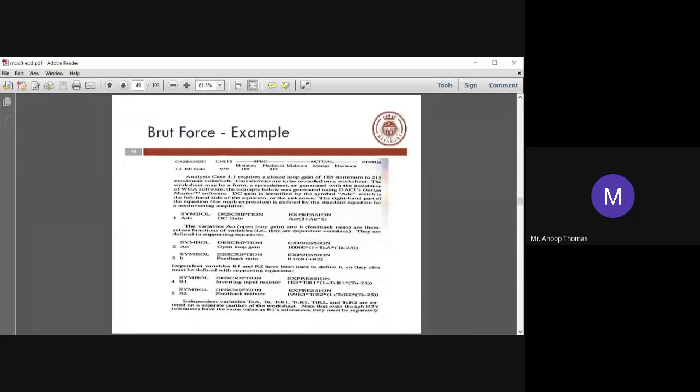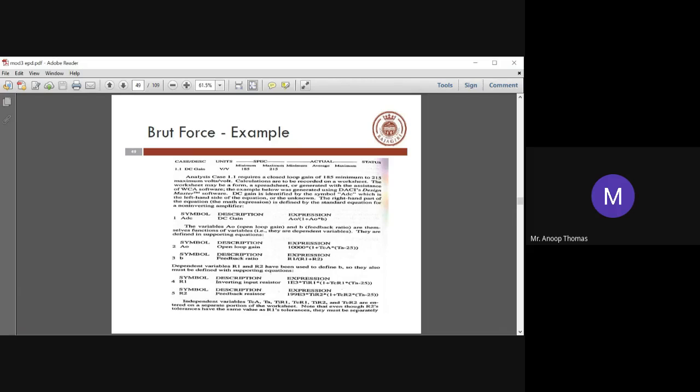We identified the variables required for checking the minimum and maximum value of ADC gain: TCA, then TA, TIR1, TCR1, TIR2, TCR2.